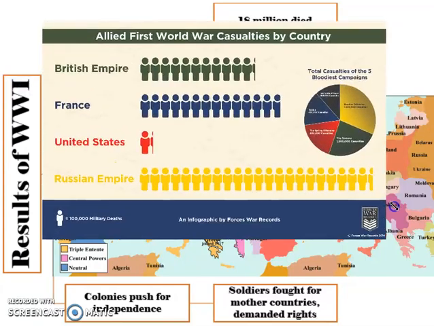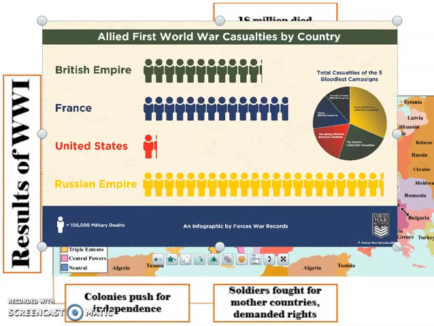This chart gives you a really good idea of the people who suffer the most. This is obviously just the Allies. I don't have a similar chart for the Central Powers, but you can tell that we as Americans lost over 100,000 soldiers. But remember, we only fought in the war for a year.